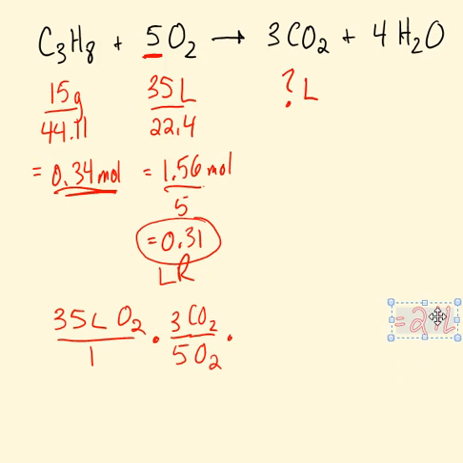So if I multiply by the mole ratio, I get the answer. And go ahead and double check it, and you can see that 35 times 3 over 5 equals 21 liters of CO2. That only works if you go from volume of a gas to volume of a gas. Okay? So that's how we do that.